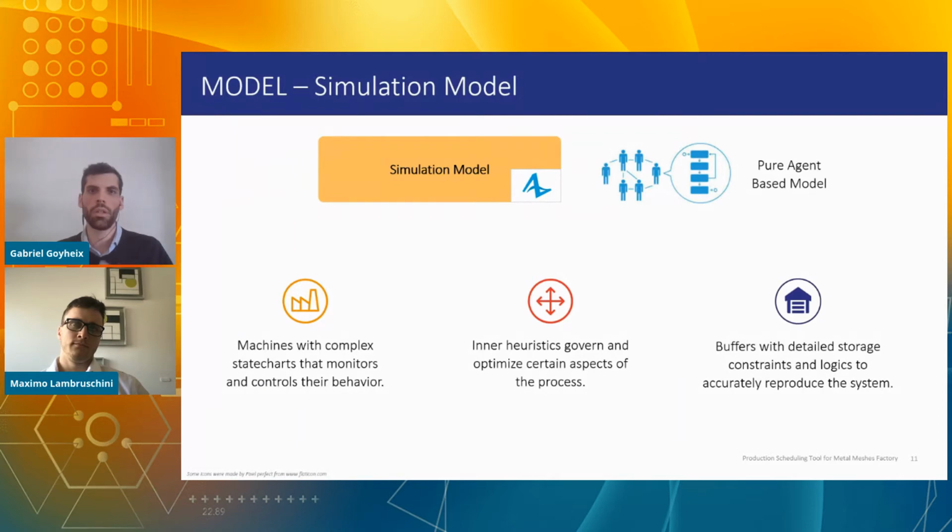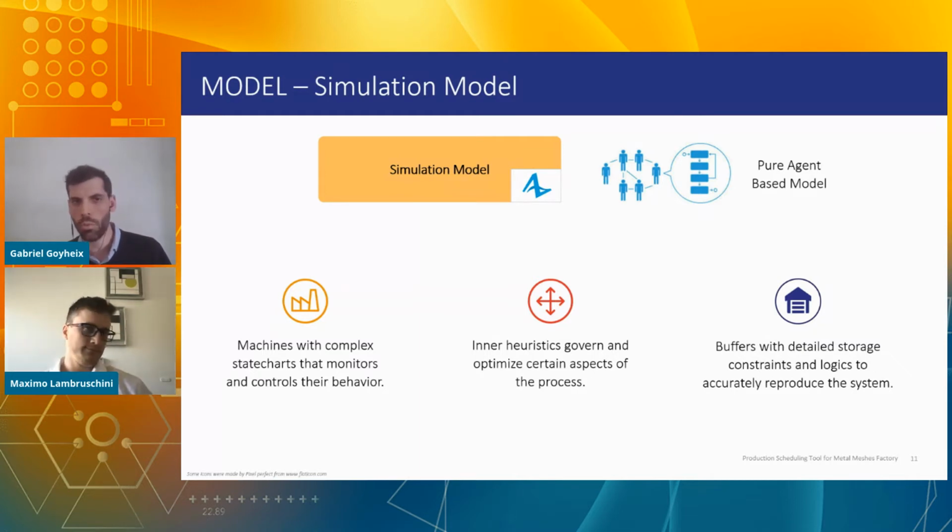So going into the model, at the heart of the tool, we find the simulation model. This allows us to represent the system with enough detail and precision to capture its dynamics, which helps to make an accurate prediction. The model was developed using an agent-based approach to maximize flexibility and represent the nonlinear interaction between the different components.